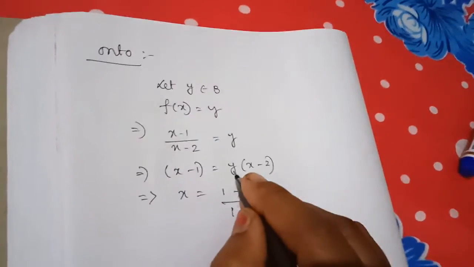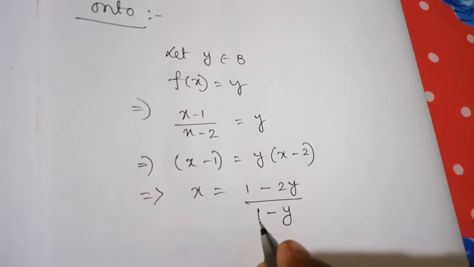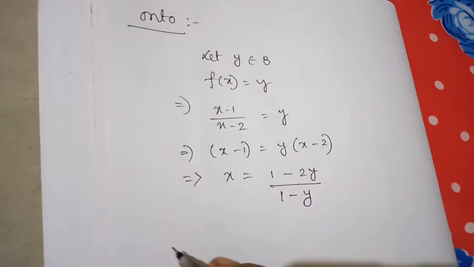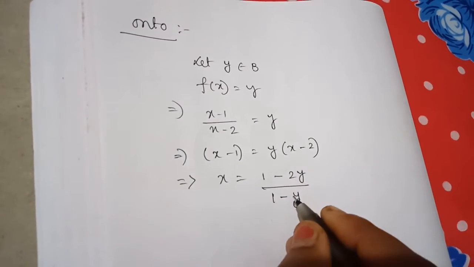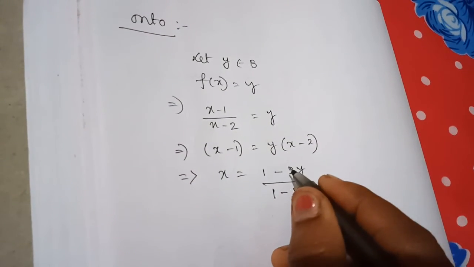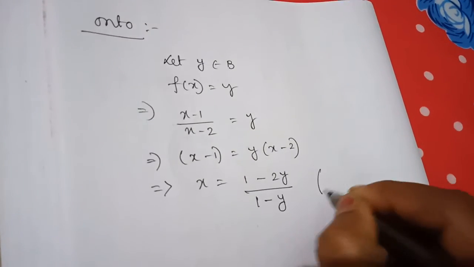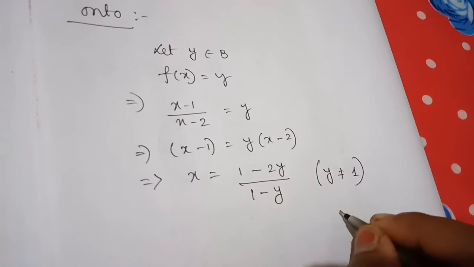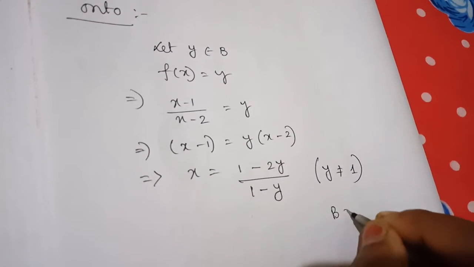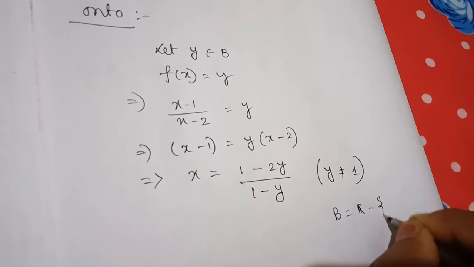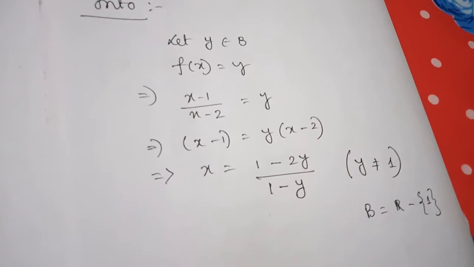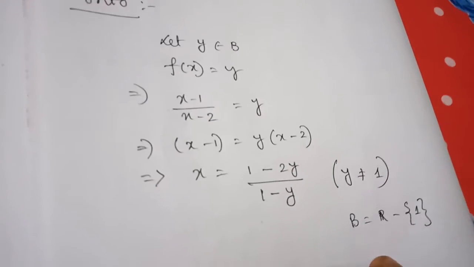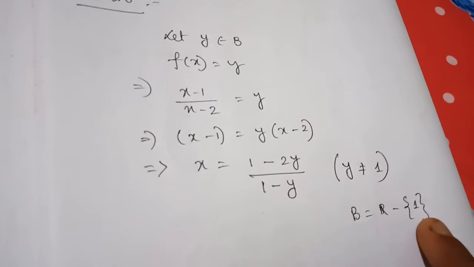I have not done the full calculation. You can do it. So x equals this, and it is quite obvious that y is not equal to 1, given in the question, right? Because the set B was R minus the singleton set {1}. That means no element from the second set can be 1.